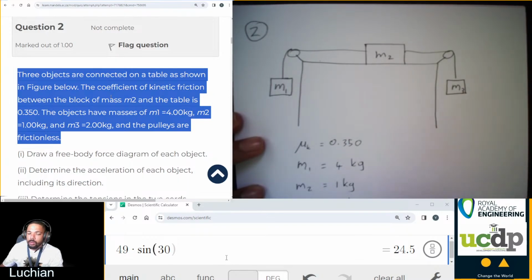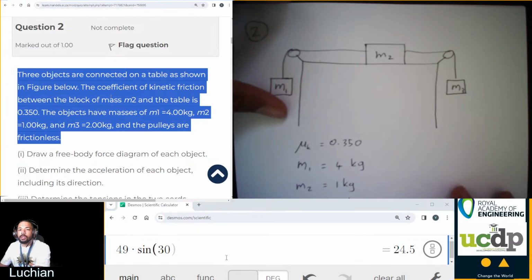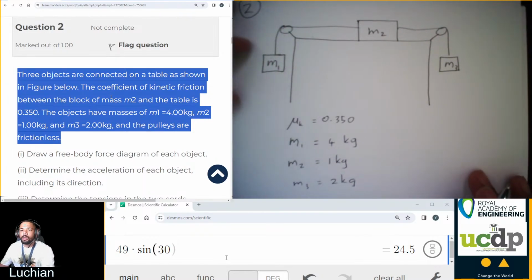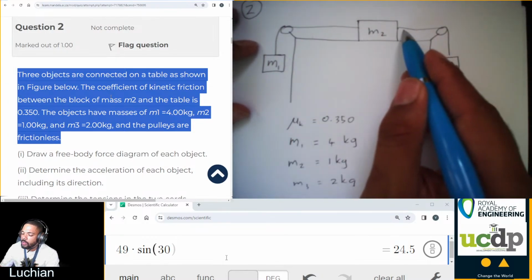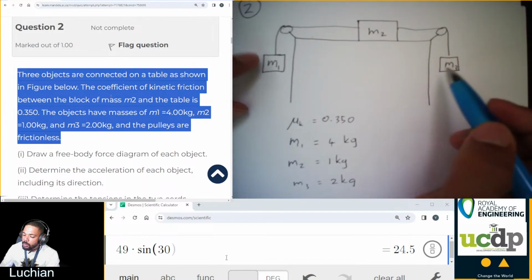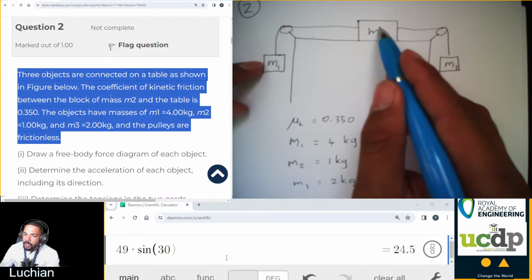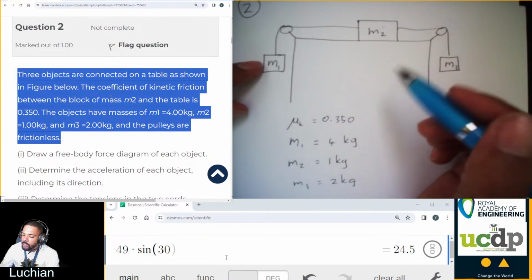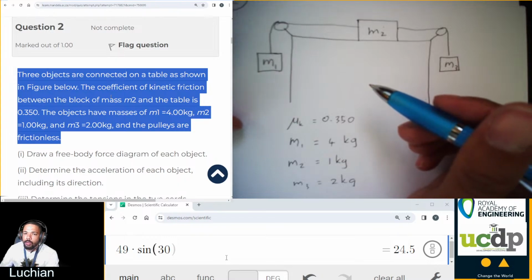I'm moving it upwards now. So we have these three masses connected on both sides. M2 is connected on both sides by M3 and M1, and the kinetic coefficient of friction between block M2 and the table is 0.35.